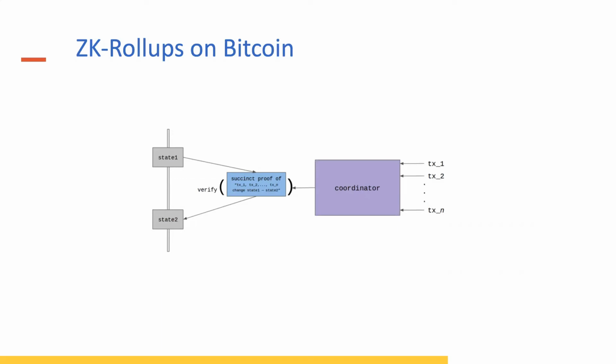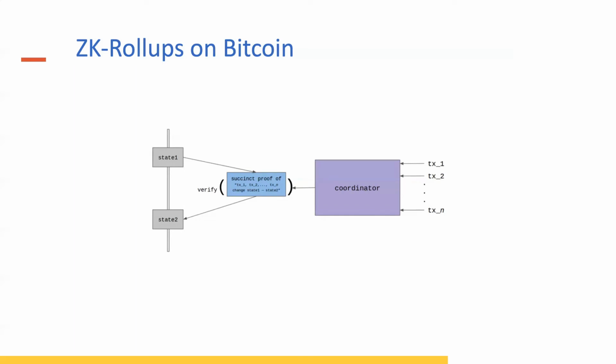Using the so-called ZK technology, you can generate a proof. When you calculate the function, you can also attach a proof, and if Bob takes the proof, he can verify it within just 10 milliseconds, for example. It's very fast. You don't have to run the whole thing.